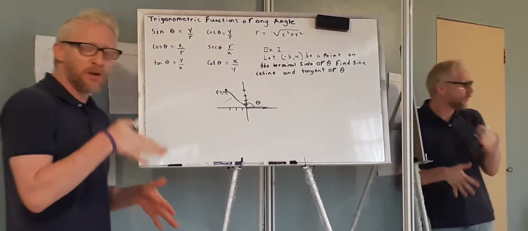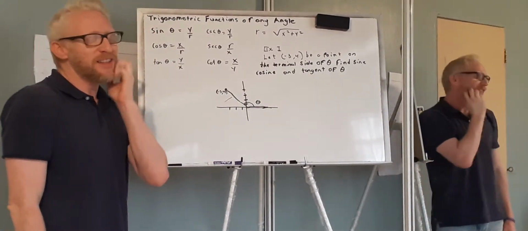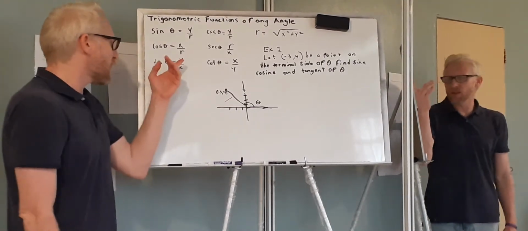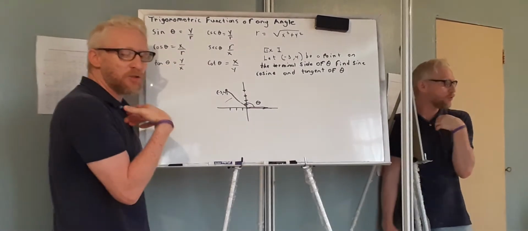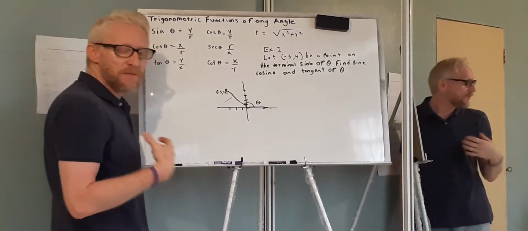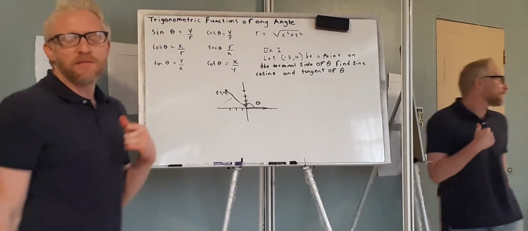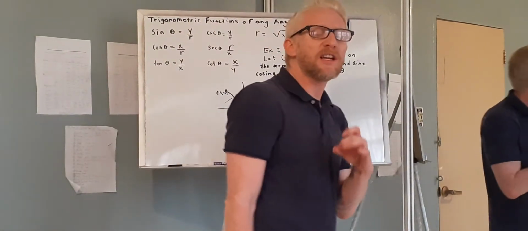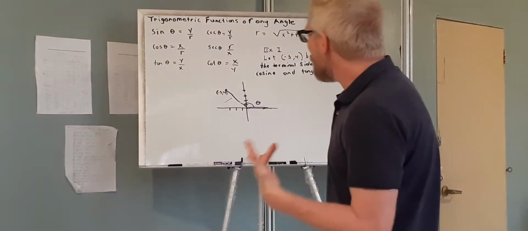Some of these functions, if you look in your book, say y cannot be 0. What that means is that, depending on the trigonometric function, the denominator cannot be 0, because if not, it would be undefined. I know that may be confusing for some of you, but don't worry, we'll get into that a little later as we progress in the section. So what are we supposed to do?